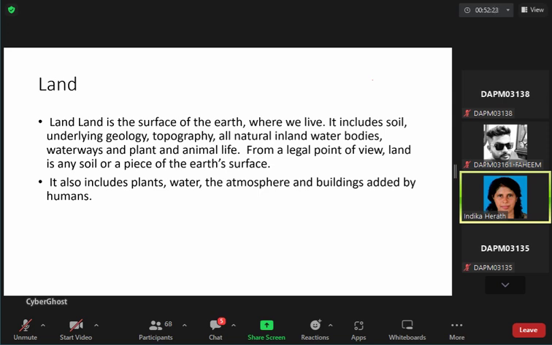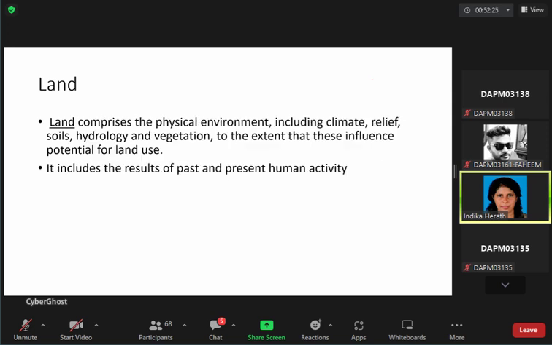Right? So when we talk about land, for us to learn easily, we categorize the things that are present in the land. So it comprises the physical environment, including climate, relief, meaning slope, and the soils present in it, and then hydrology, vegetation, and those things.